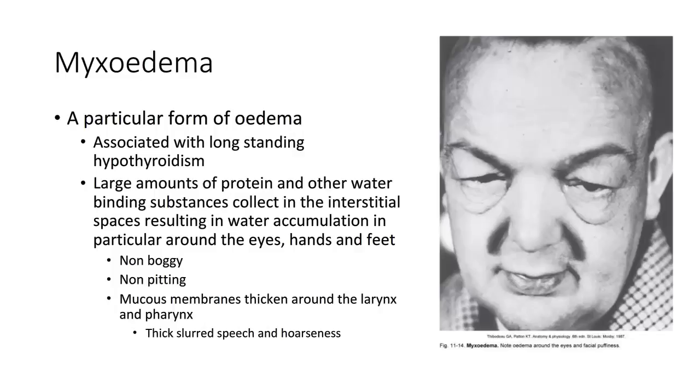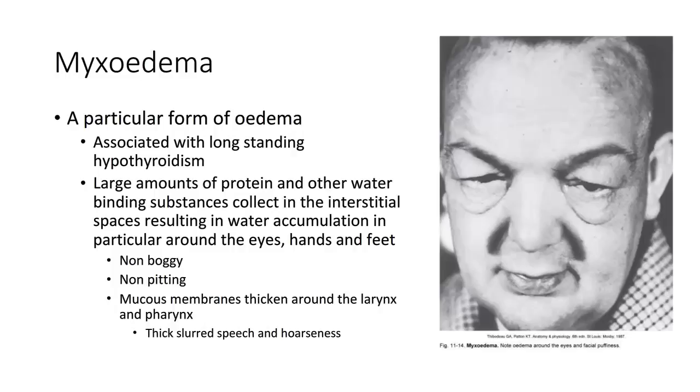So somebody with long-standing hypothyroidism can be seen to have this condition called myxedema, and it's where a large amount of protein and other water-binding substances have leaked into the interstitial space, and consequently they hold the water in the interstitial space. It can be particularly obvious around the eyes, certainly around the hands and feet, and you can see in the photograph on the right that very saggy sort of area around the eyes and on the lids.